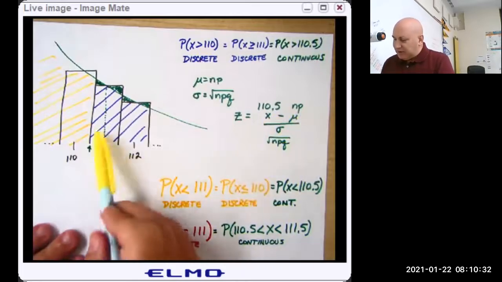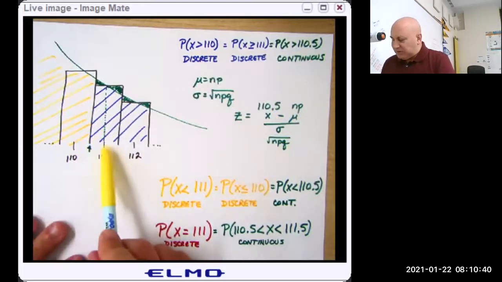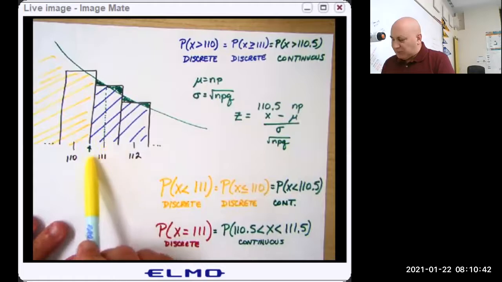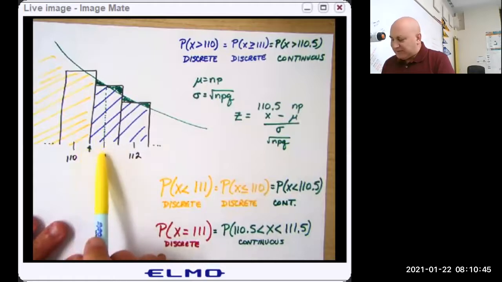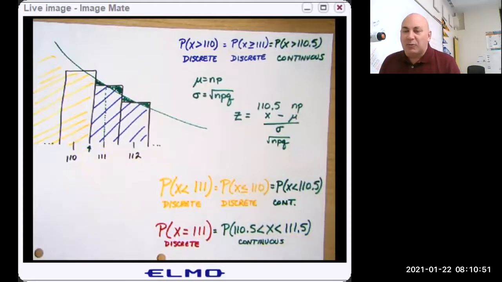Now let's say I want to know the probability of getting exactly 111 successes. Well, in this case, 111 goes over here to 110.5 and over here to 111.5. So that's how we would use the normal curve to approximate exactly 111 successes.